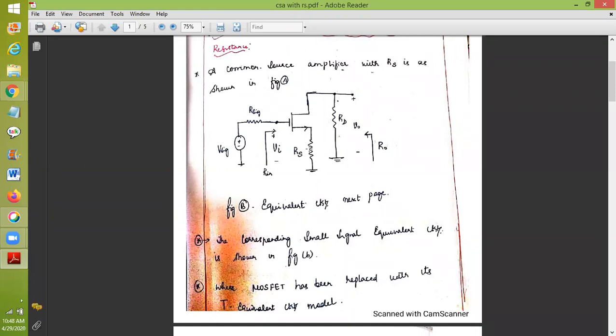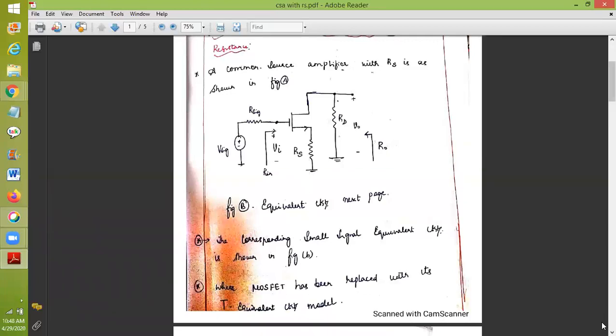If the resistance is attached to the source, you have to go for the T model. Understood? I repeat, if the resistance is attached to the source, we go for the T model. If it is not attached to the source, we go for the pi model.